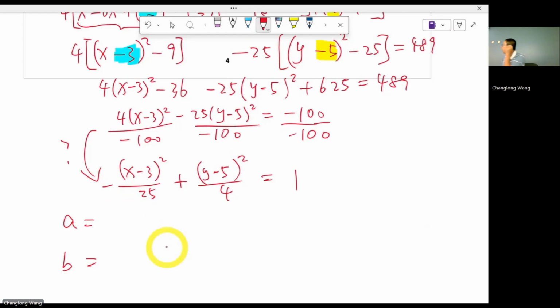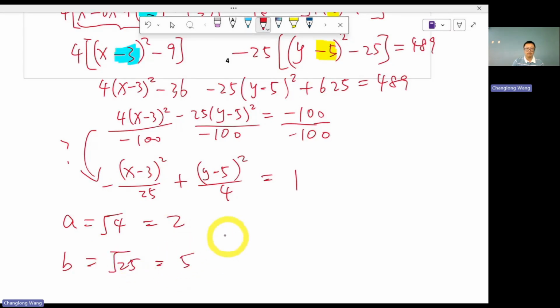No. Which number, 4 or 25, is going to get you a squared? Why is that 4? It is the number underneath the term that has a positive sign. There you go. So A is the square root of 4, which will be 2. B is going to be the square root of 25, which will be 5.